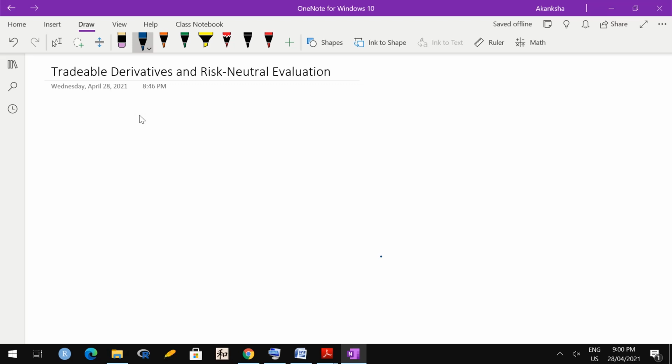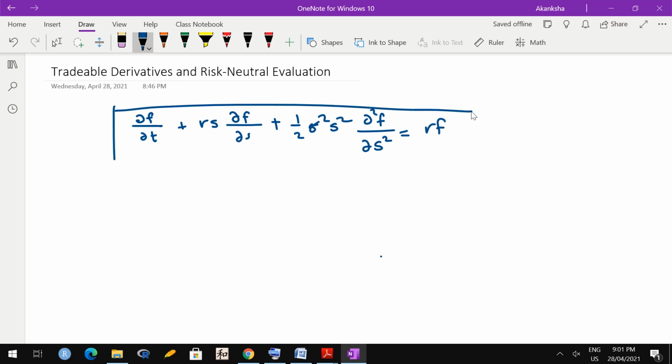What was the BSM differential equation? ∂f/∂t plus rS ∂f/∂S plus half sigma square S square ∂²f/∂S² should be equal to rf. This is my BSM differential equation, right?